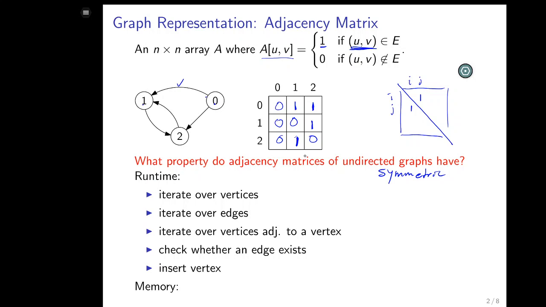Runtime. So this structure is nice in some ways and it's not nice in other ways. This representation of a graph will allow you to iterate over the vertices basically by just going down the rows. By the way, if you don't like your vertices to be numbered 0, 1, and 2, what would you do?